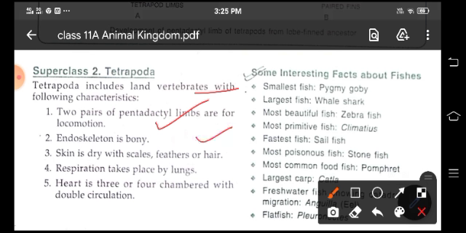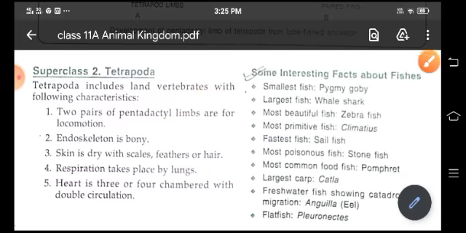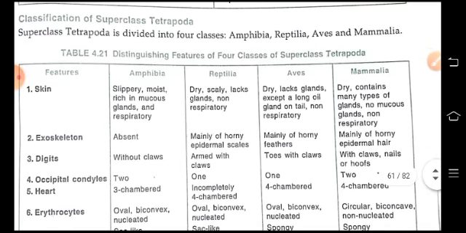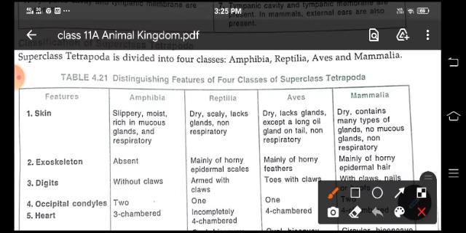The endoskeleton is bony in nature. Skin is dry and they have scales, feathers or hair. They respire by lungs. Heart may be three or four chambered and they show double circulation. Now this superclass is divided into four classes: Amphibia, Reptilia, Aves and Mammalia.